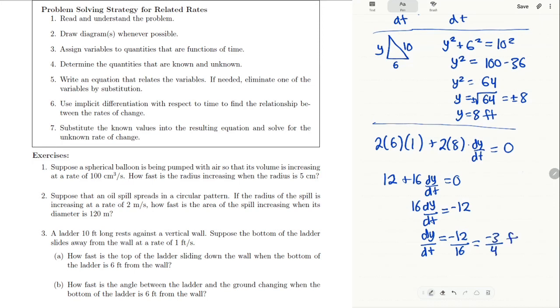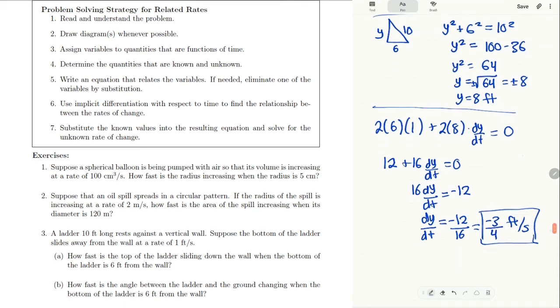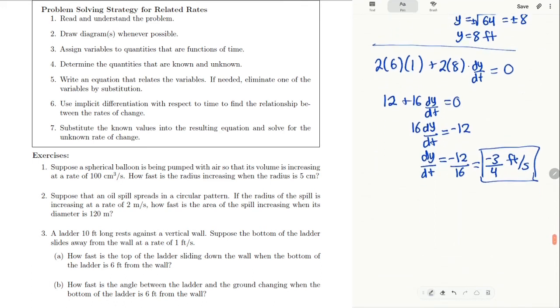So distances are measured in feet, and time is measured in seconds. So dy over dt is negative 3 over 4 feet per second. So since it's a negative quantity, we know that y will be decreasing at this rate.